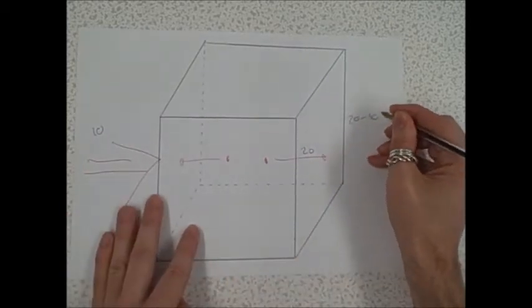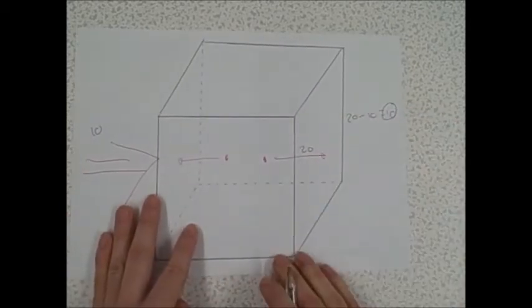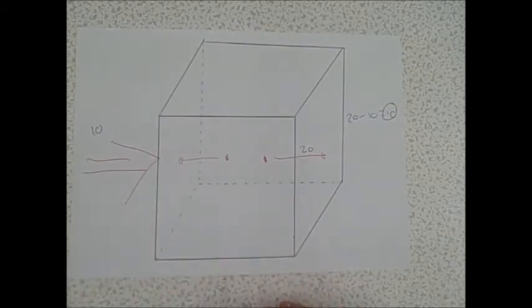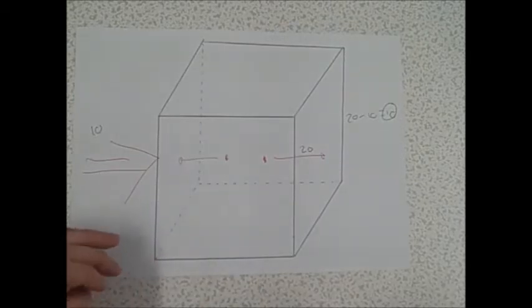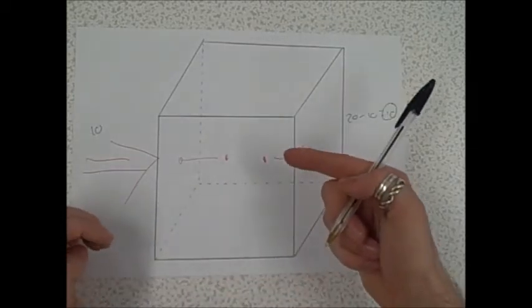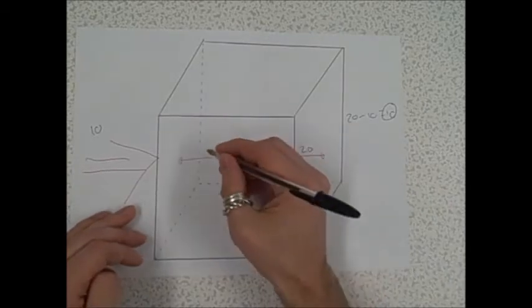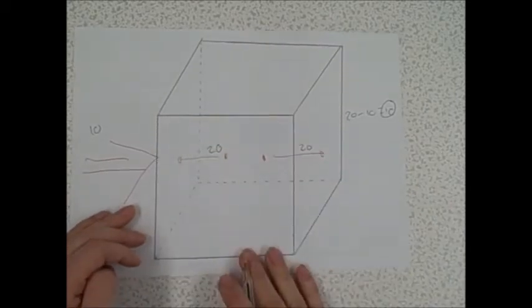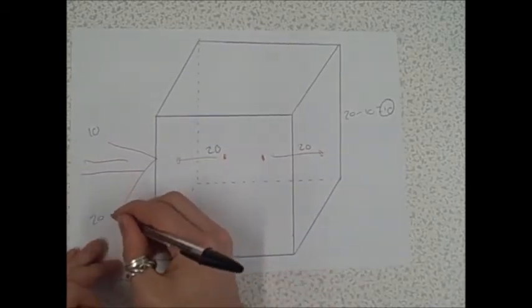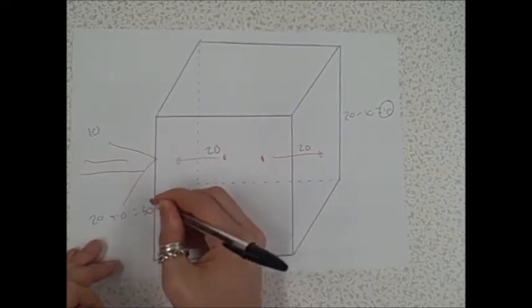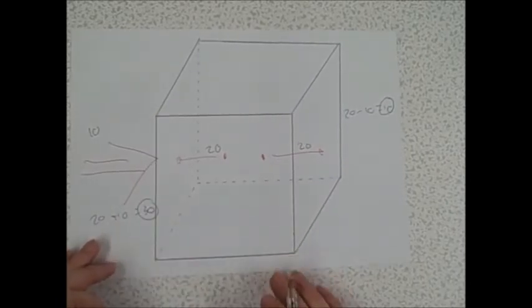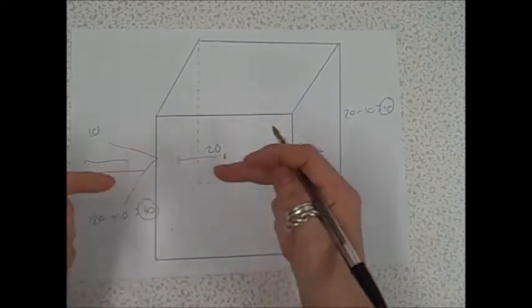So 20 minus 10 equals 10. So this gives us a total velocity for this particle, an impact velocity of 10. Whereas the impact velocity of the particle moving against the push, let's say again its speed is 20, would be 20 add 10, which equals 30, as they're heading towards each other.